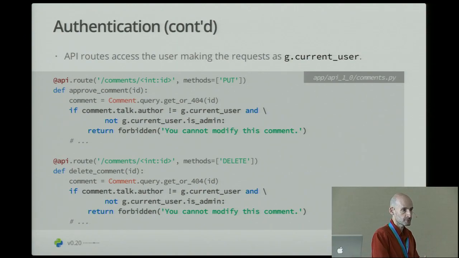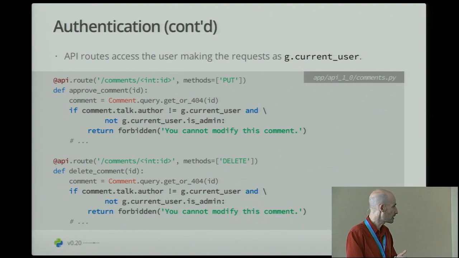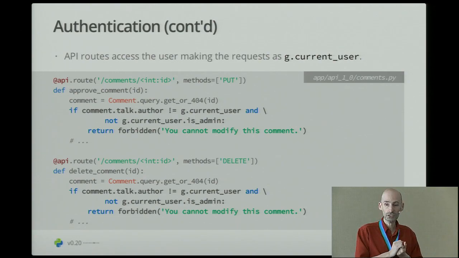So now, right there where I had that comment that said that I needed to verify that the user had permission, now I can check with g.current_user, which should be set up from the before request. And I can make sure that the current user is the author of the talk or an admin.